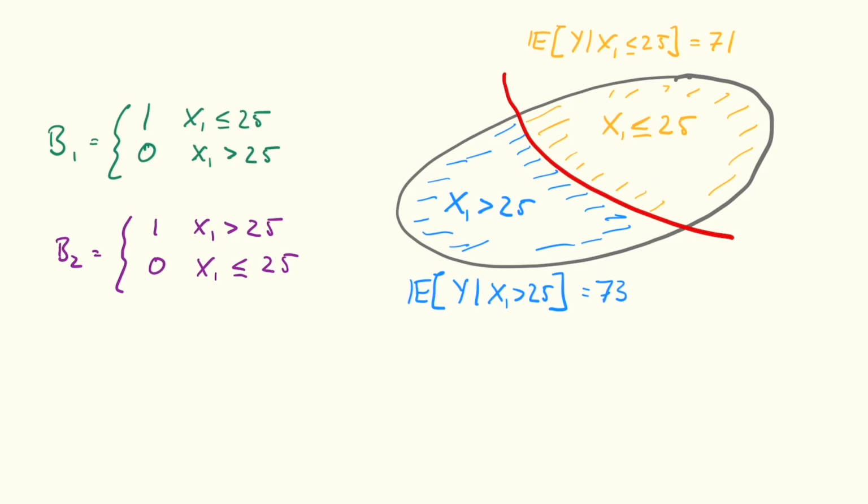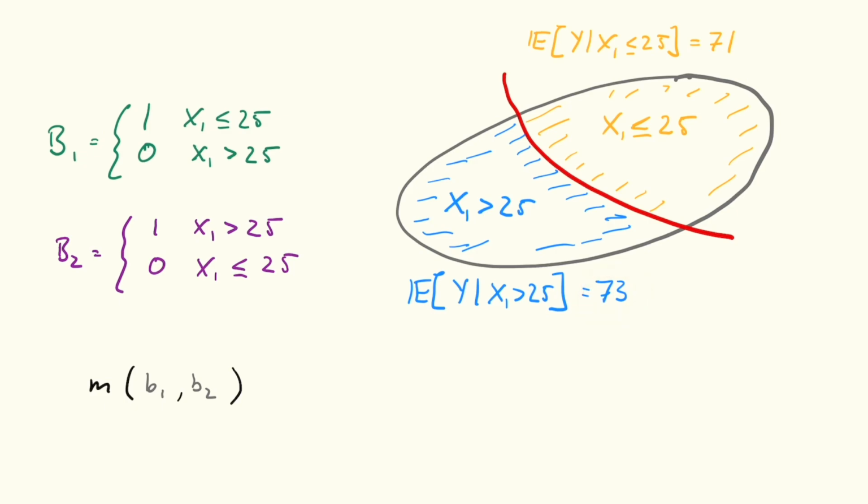Now suppose that we make b1 and b2 our regressors. The conditional mean function m is a function of b1 and b2. We know that m has to spit out 71 if b1 and b2 indicate that we are in this subpopulation. Otherwise, it has to return 73.